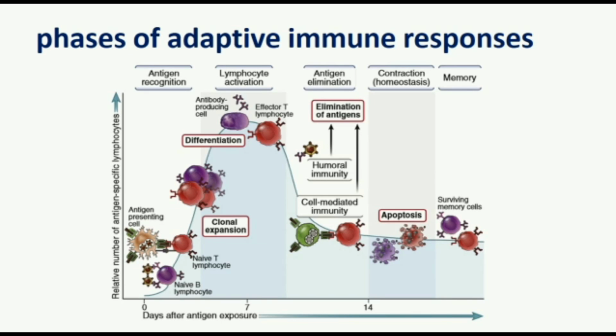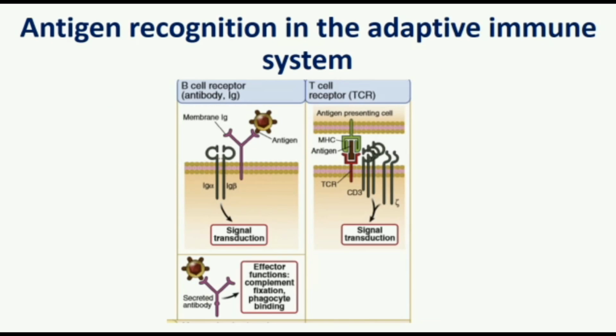The duration of each phase may vary in different immune responses. This is the process of antigen recognition in the adaptive immune system. This is the B cell receptor recognition, and this is the T cell recognition process.